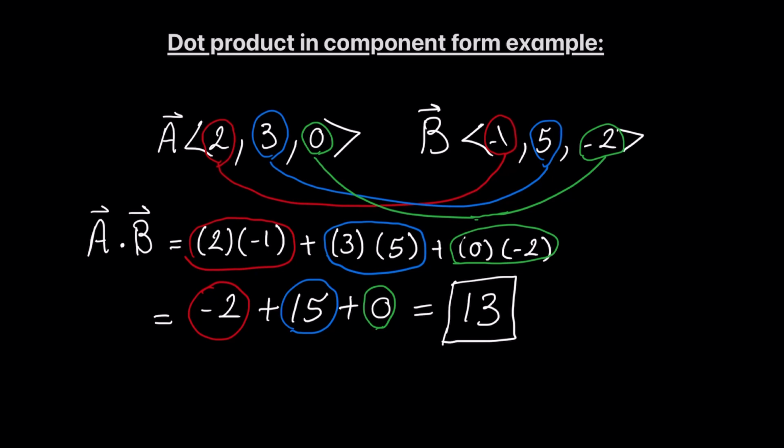B has components -1, 5, -2. To take the dot product, as you see here, we multiply the corresponding components. So x components multiply, 2 times -1. y components multiply, 3 times 5. z components multiply, 0 times -2. And then we add them up. So in this case, we end up getting 13.